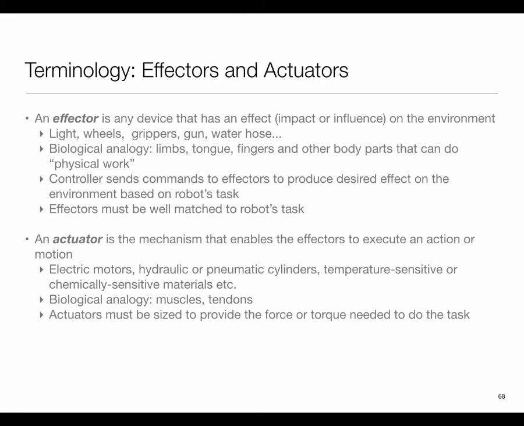Actuator, so there are two terms that you would see. Effector is the device through which the effect happens, like an injection or gripper. And actuator is the mechanism, the motors or other things that sit behind the effector to cause it to have the action.